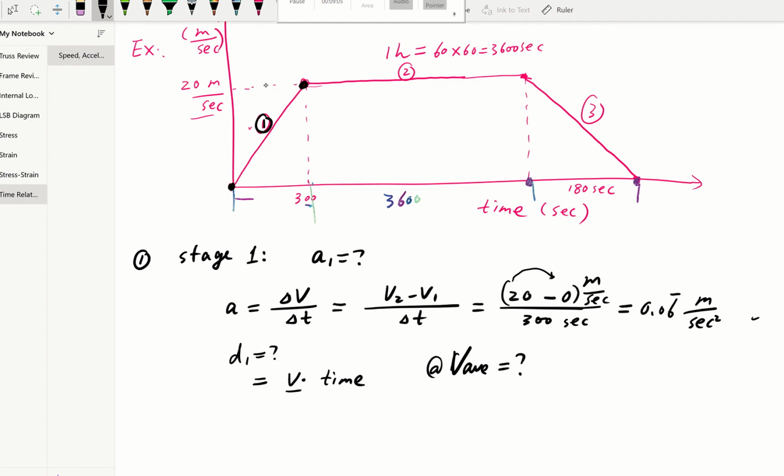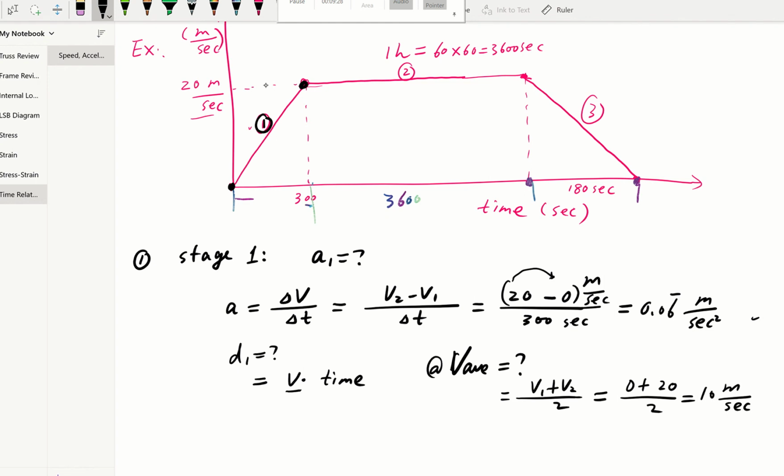What is this average speed? Average speed is going to be initial plus final, right? Divided by 2. And initial speed is 0 and final speed is 20. Then divided by 2, that will give us, for this acceleration, an average speed of about 10 meters per second.